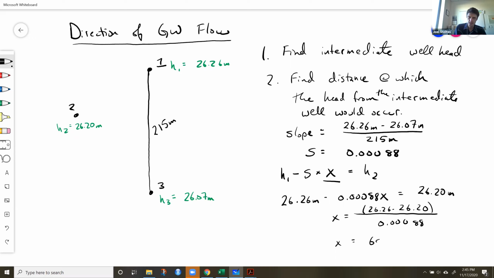We end up with 68 meters. So 68 meters from our first well is where we are going to hit 26.2. So I'm going to draw a line to there.